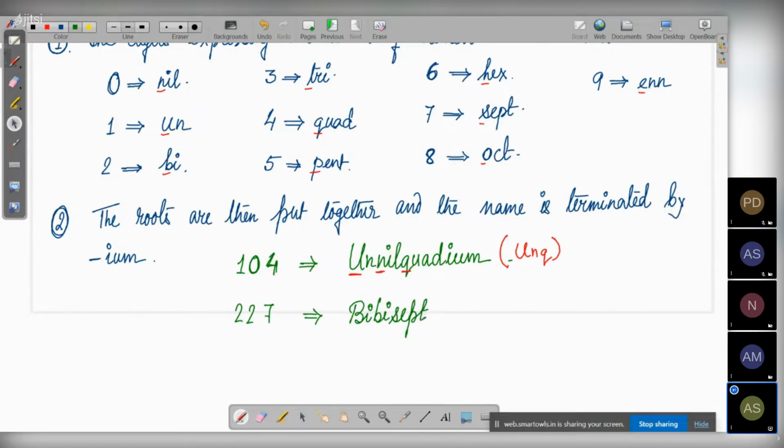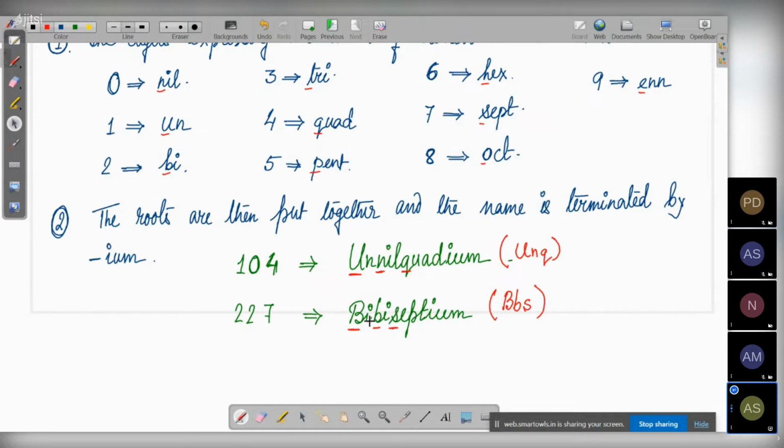So at the end you add ium, and it will be bi-sept-ium. And the symbol will be Bbs. You see that even though the names look complicated, they are very easy.